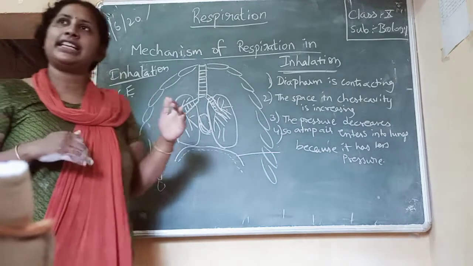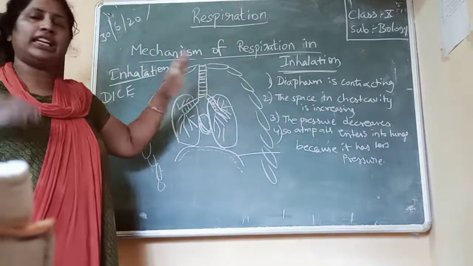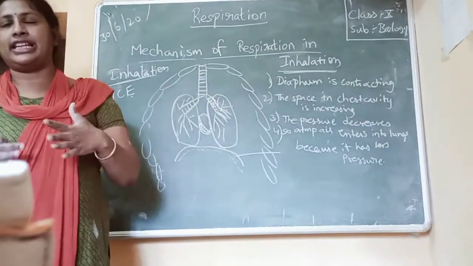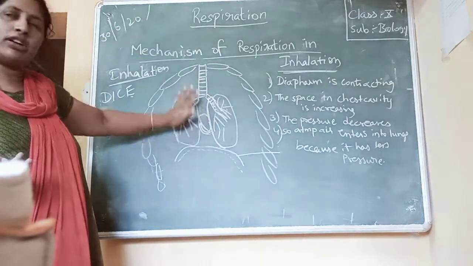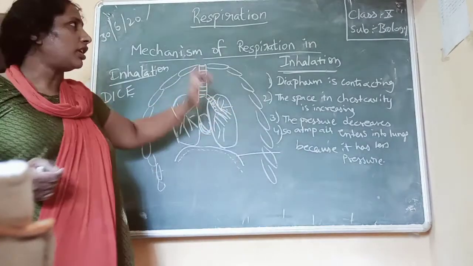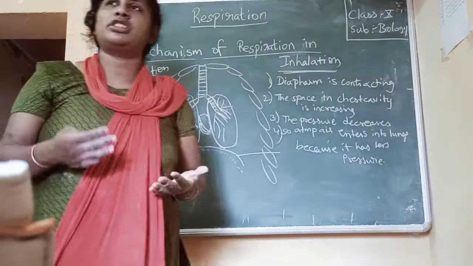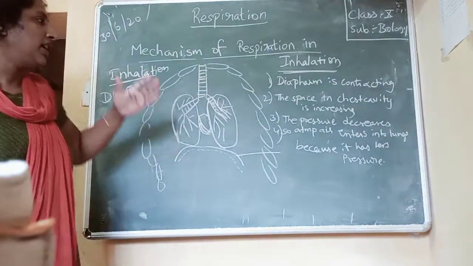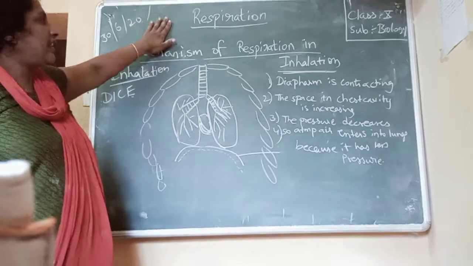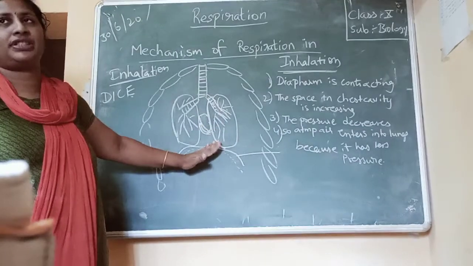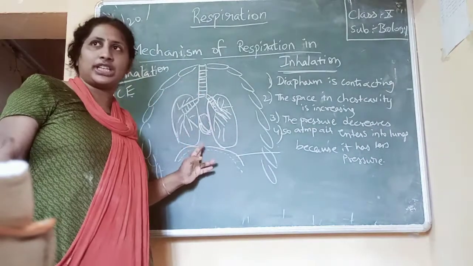If the space is increasing, the pressure in the lungs and the surrounding area decreases. In the atmosphere you have more pressure compared to the lungs, so air from more pressure enters the less pressure. That's why air enters through the nostrils, because here the pressure is low.